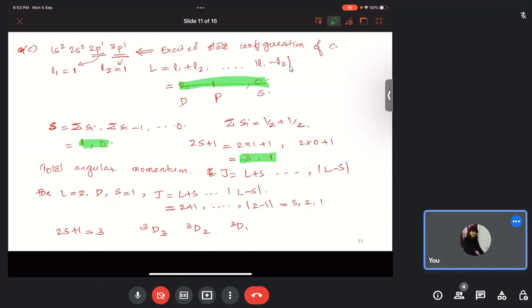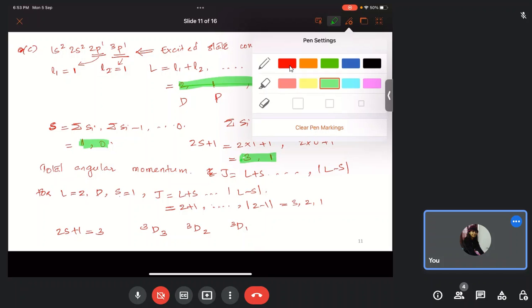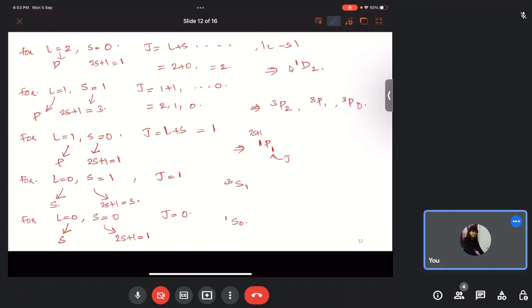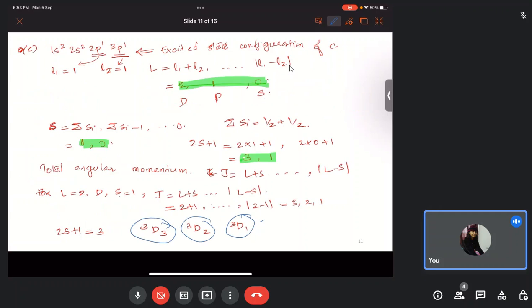So we have around 1, 2, 3, 4, 5, 6, 7, 8, 9, 10 term symbols arising from this excited state configuration of carbon.